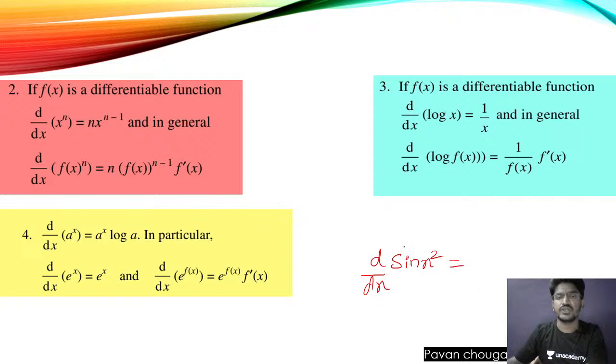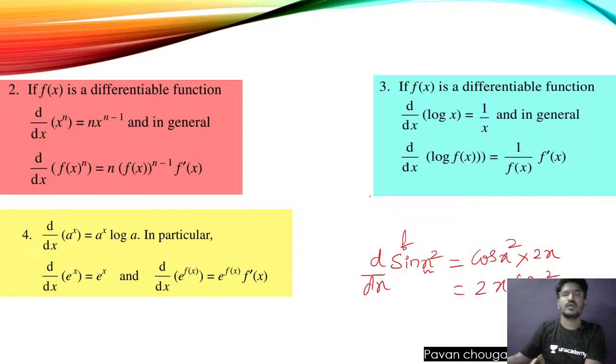First I have to differentiate this f, that will be cos x square. Next I have to differentiate x square, that is 2x. So 2 times x cos x square will be the differentiation of sin x square.